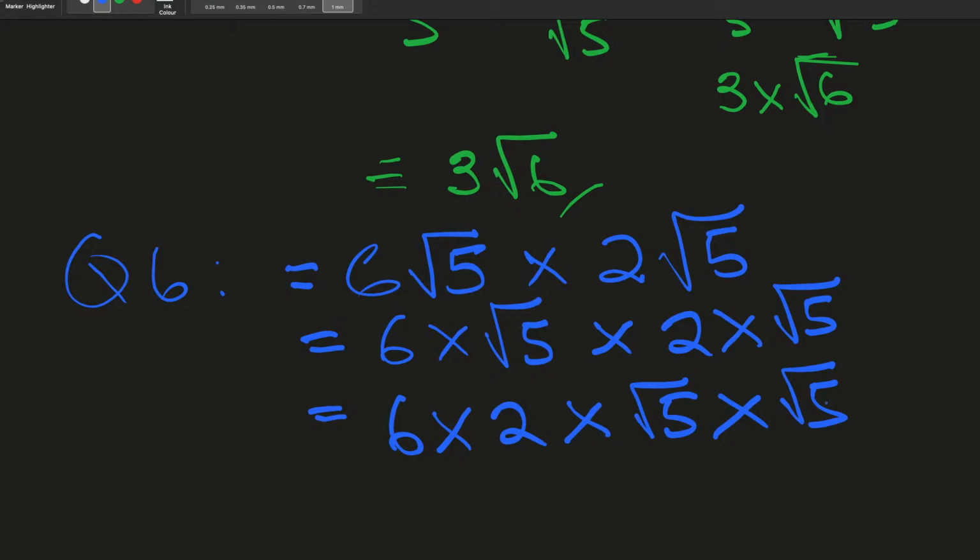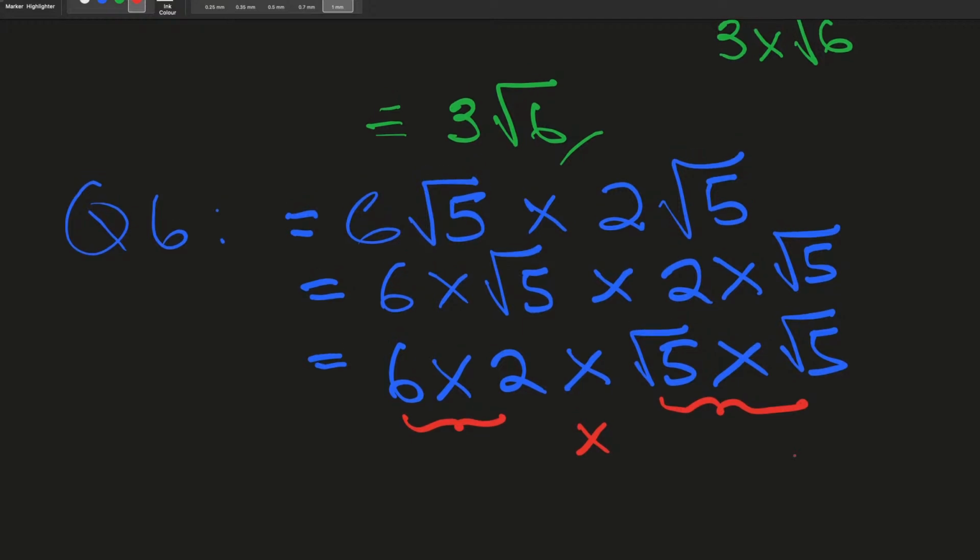And we know that we can multiply this and that, and this and that. We know 6 times 2 will be 12. And root 5 times root 5, as we remember the other day, will be what? 5. Because I said if we have the root of a number or a variable multiplying by itself, then the answer will be the value without the root on top of it.